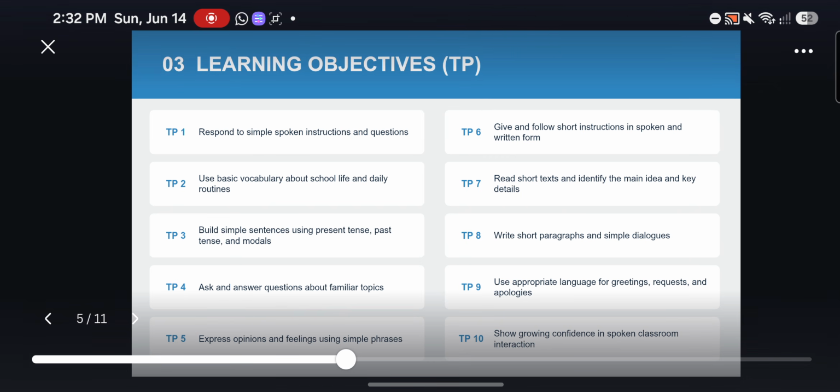I want to highlight TP10, especially showing a growing confidence. For me, this is one of the most important goals because many of these students are shy. If they finish the semester feeling more confident in English, that is already a big achievement.